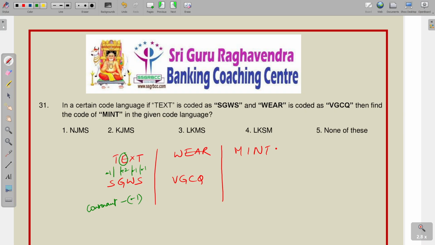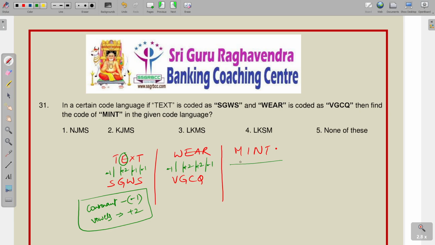And coming to the vowels, it is plus 2. So the letter after two steps becomes the code. Okay, it is the series. So check this one also. V, W, E, F, G, A, B, C plus 2, A is the vowel, and Q, R, that is minus 1.